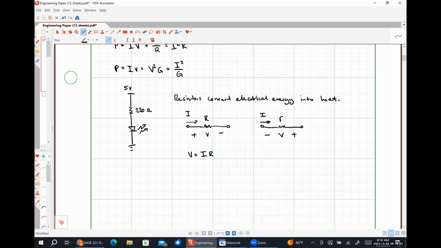Let me define this as R. We are going to say that V is equal to negative I times R.